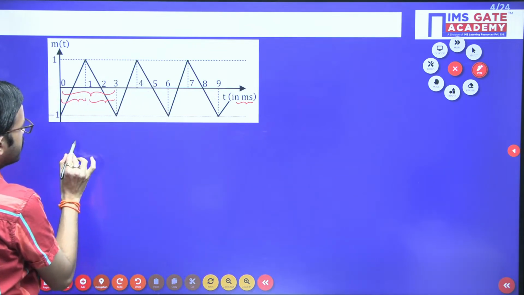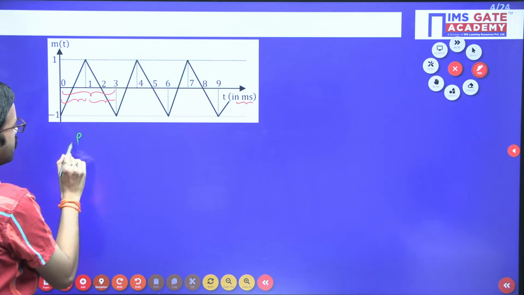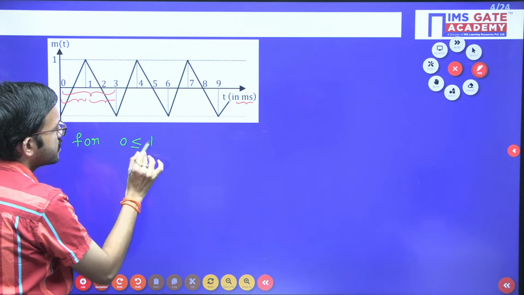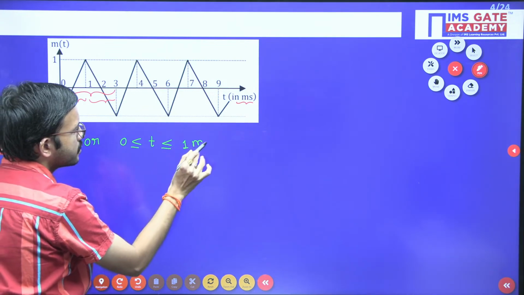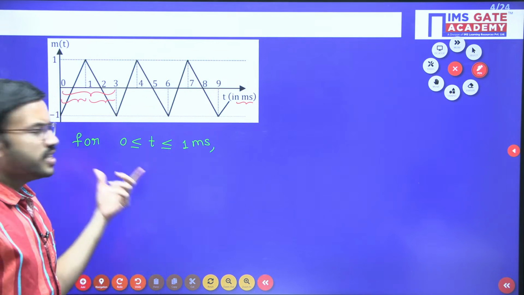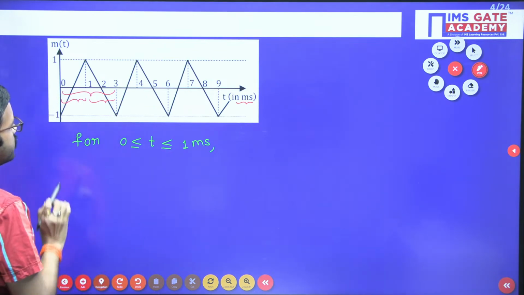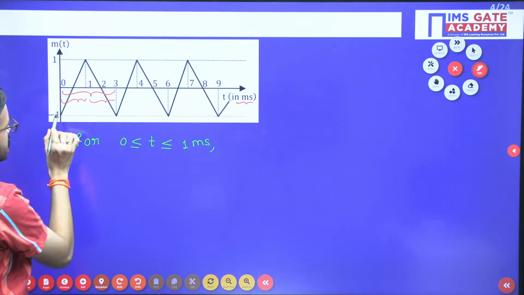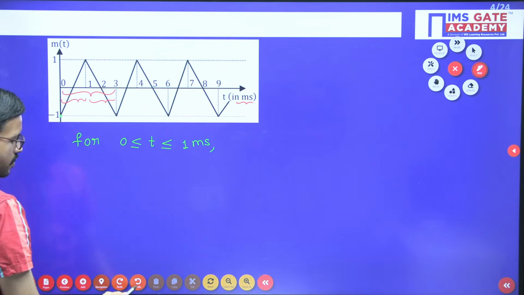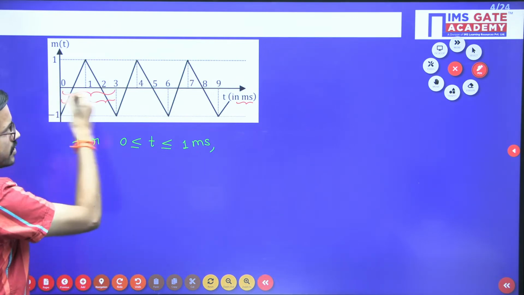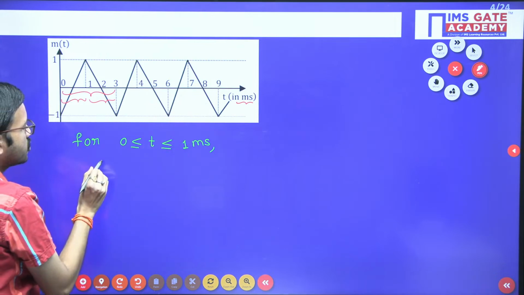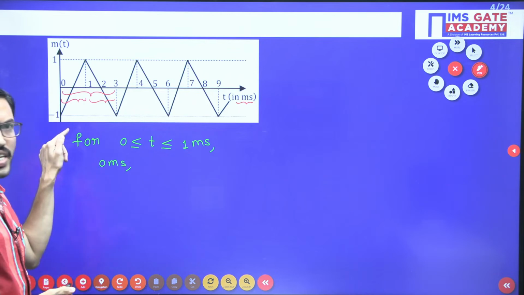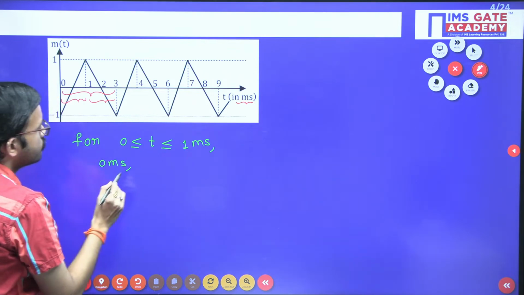For the time being, I am considering the interval 0 to 1 millisecond, that is, 0 less than or equal to t less than or equal to 1 millisecond. In this interval, on this particular straight line, you have one point. With respect to the x-axis, time is 0 millisecond, and the corresponding y value is minus 1 volt.